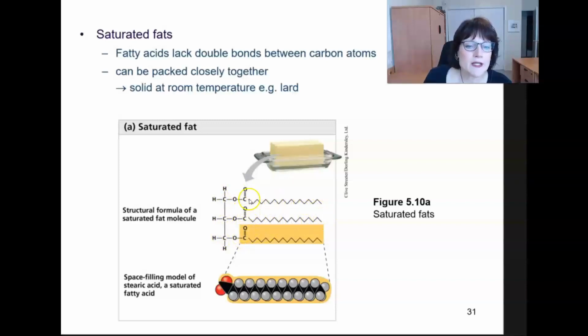The fatty acid chains are just represented as a zigzag line. Each of these joints represents a carbon, and they don't even bother writing the C for the carbon or the hydrogens. It's just assumed to be there.